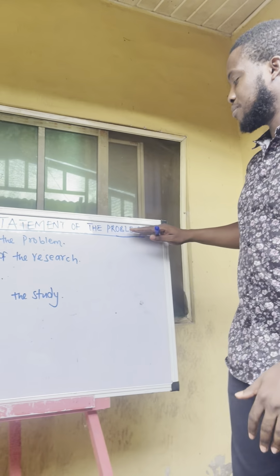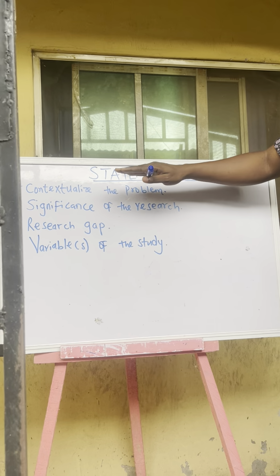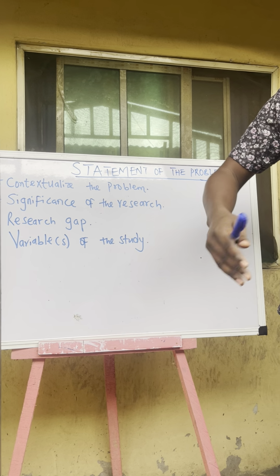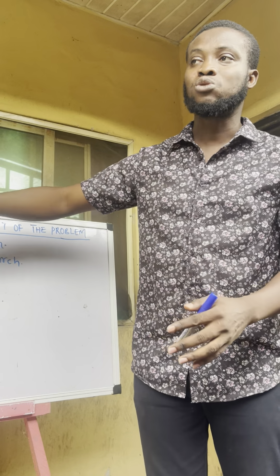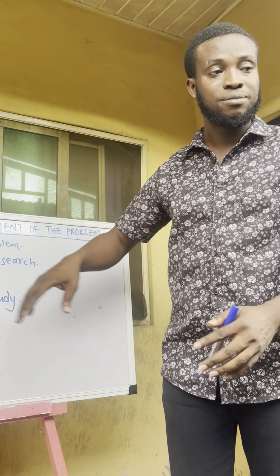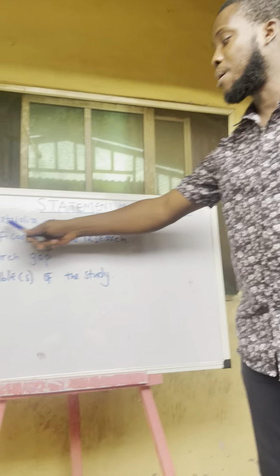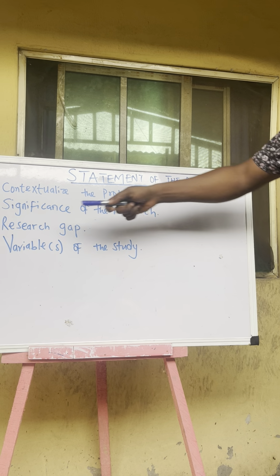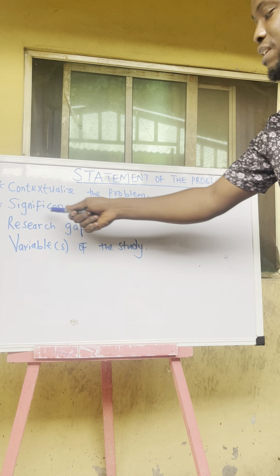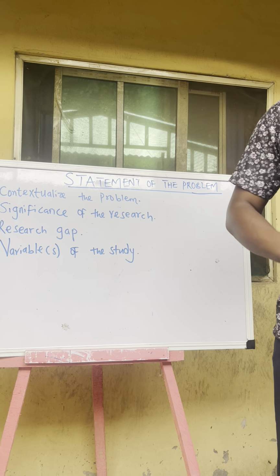The statement of the problem is seen as a concise and concrete summary of the problem of study. When you are doing that, there are some key things that we want to see. We've already discussed the general problem, which contextualizes the problem in general. Then we look at the relevance of this research.